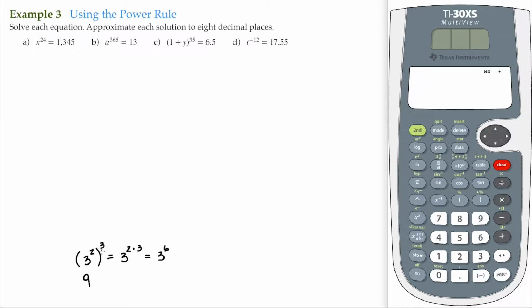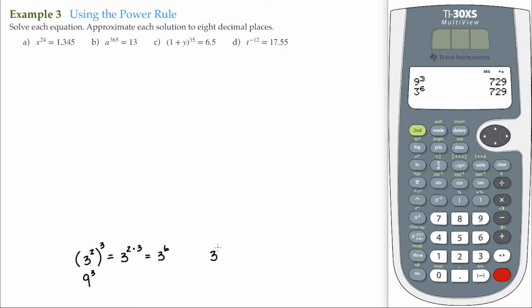And then 9 raised to the third power, using our calculator, that's 729. So that's what this should be too. I take 3 raised to the sixth power, and that's also 729.